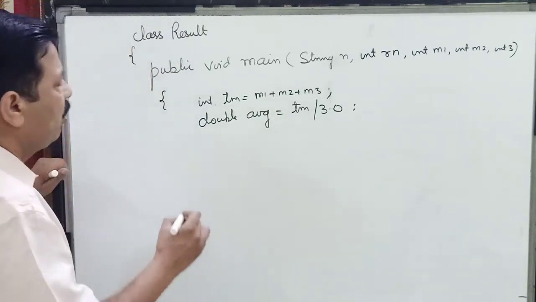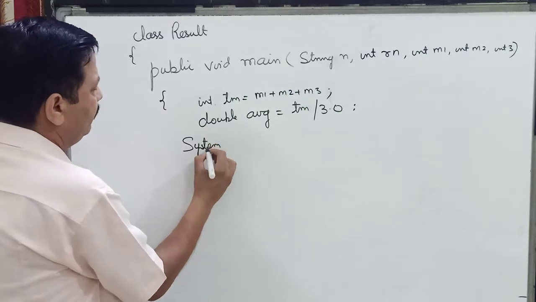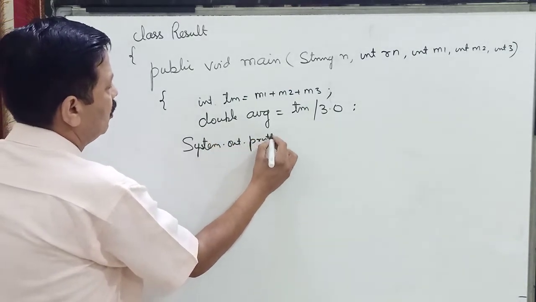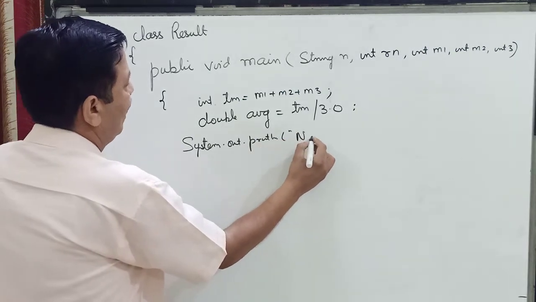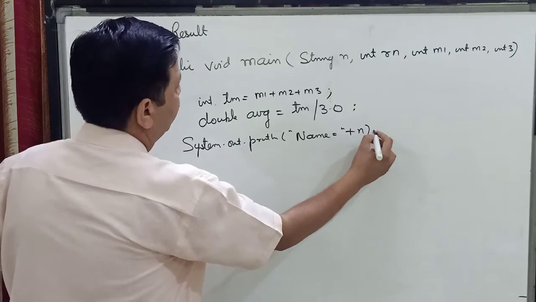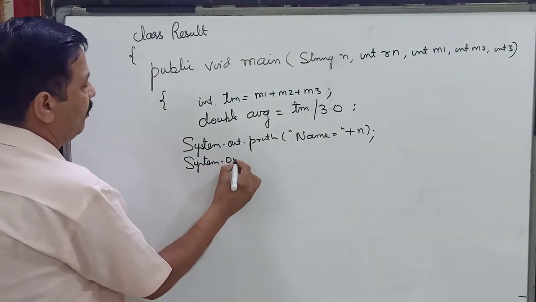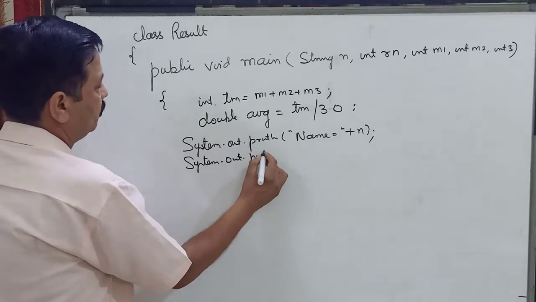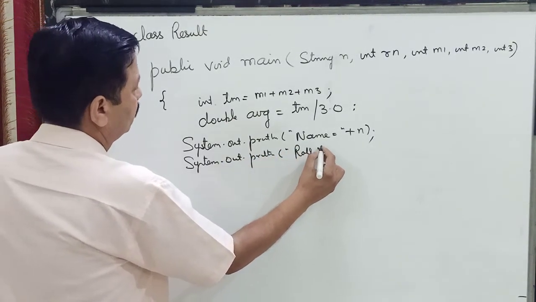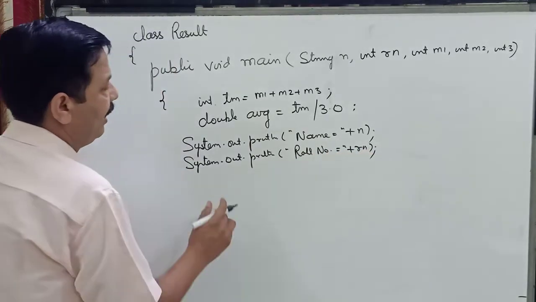So children, I have got all my outputs. So I have to print using System.out.println. I am asked to print name, which is n. Again another output is there. I again write another print statement, that is roll number, which I have stored in Rn.